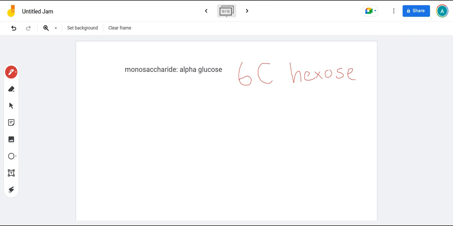And we need to know that there's 2 types of glucose, alpha glucose and beta glucose. The symbol for alpha is like that, which we're going to draw. And remember that there's also a beta glucose, like a capital B, but with a tail down there. So we're going to look at alpha glucose first of all.